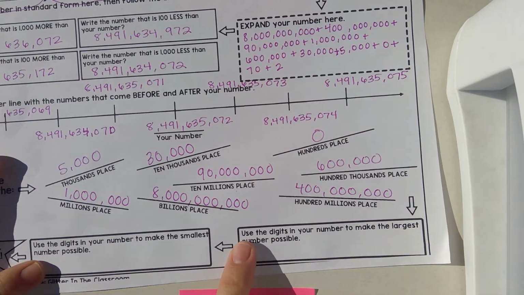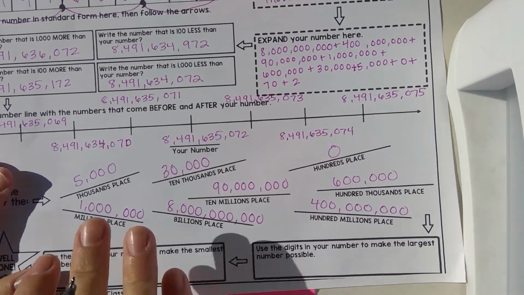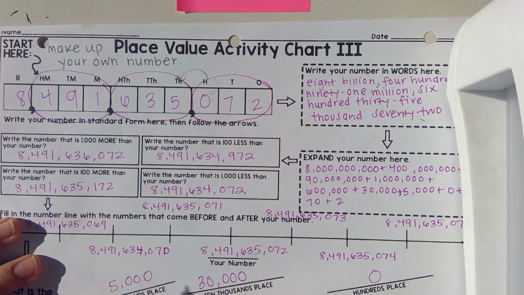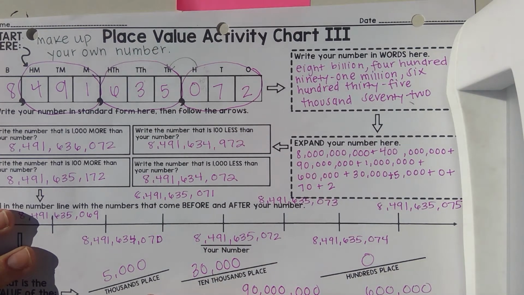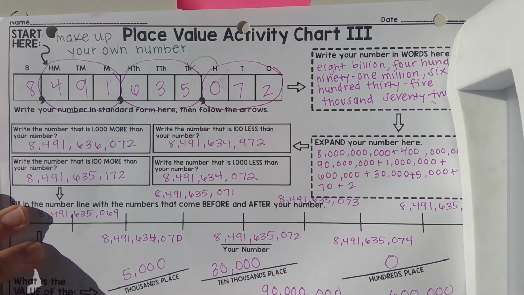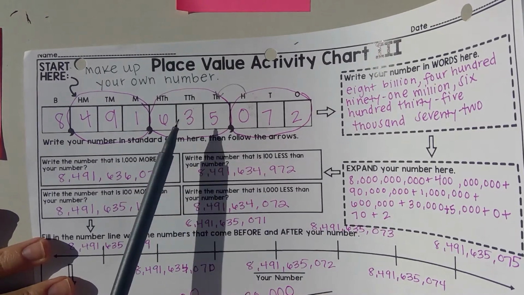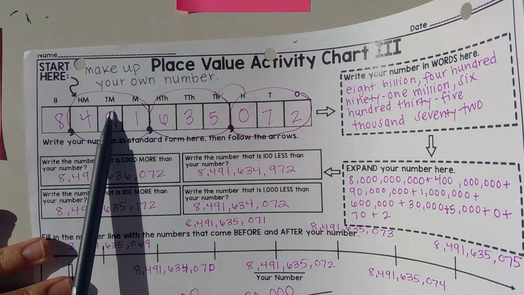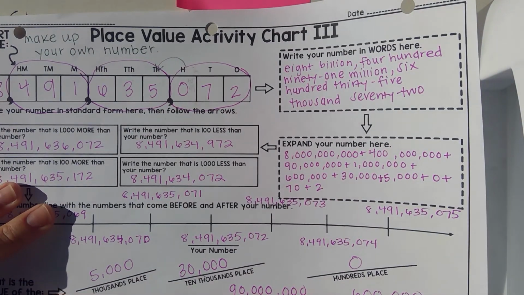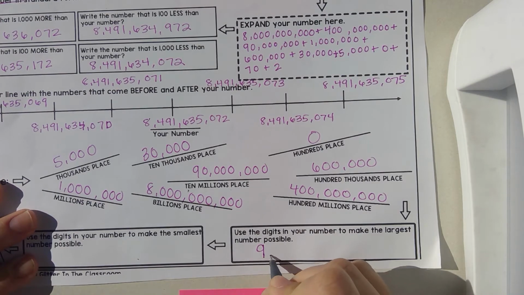And then down below, use the digits in your number to make the largest number possible. So when I did create this number, I used the digits 0 through 9 once. So if I want to have the largest number, I would want the largest digit in the largest place value. So my largest digit that I used was a 9, but my largest place value is the billions. So I definitely would want that there. So let me put a 9 here for my billions place.